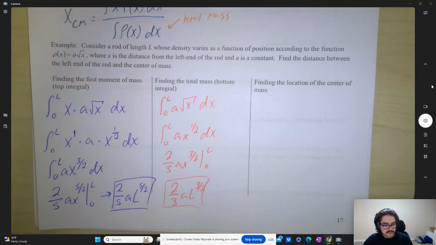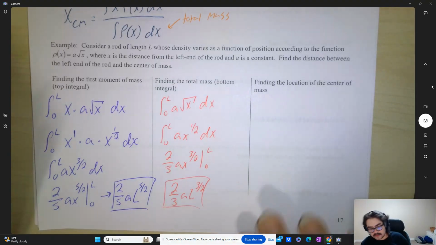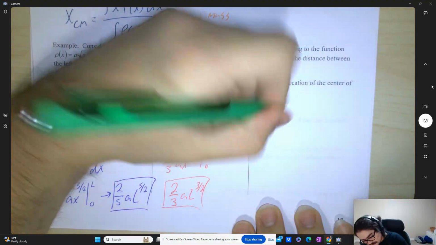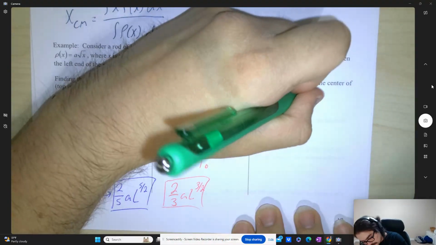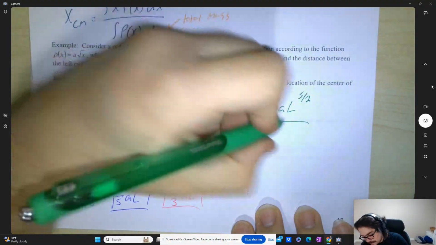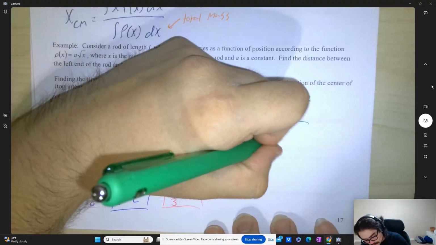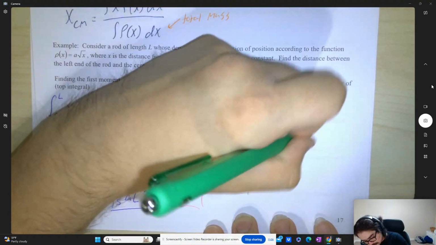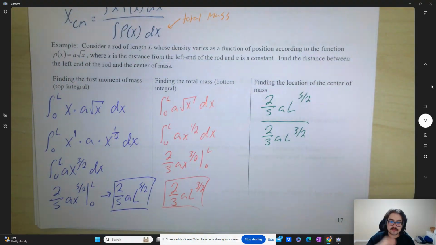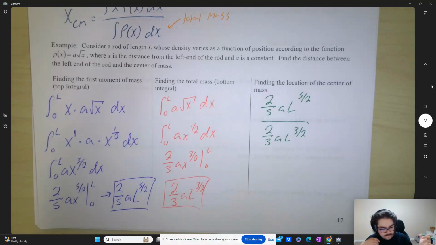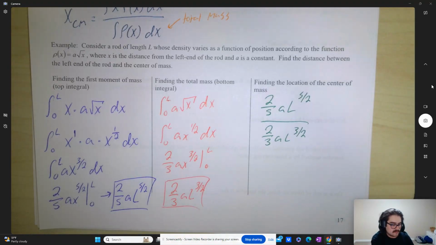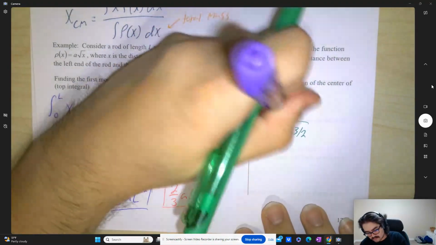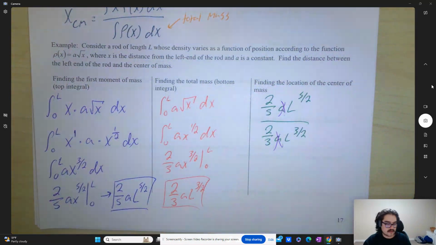Then to find the location of the center of mass, all I have to do is put everything together. The top integral goes on top, 2/5 A L to the 5/2, over the bottom integral, 2/3 A L to the 3/2. Right off the bat, the A's are gone.